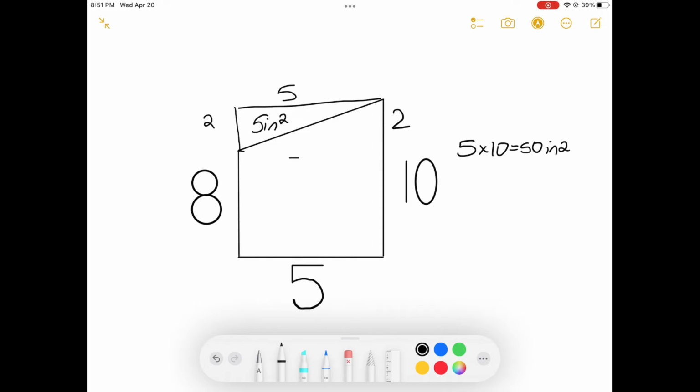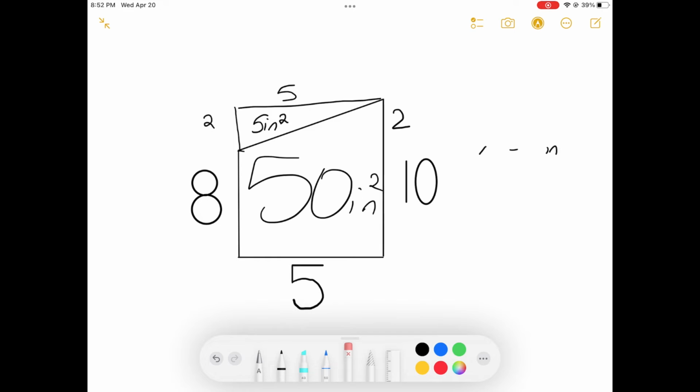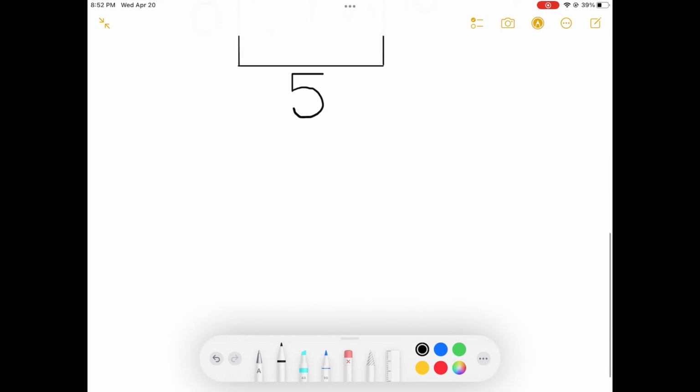So the area of the whole rectangle is 50 inches square. Now let's erase that: 50 minus 5, which equals 45 inches square, which is the area of the whole thing.